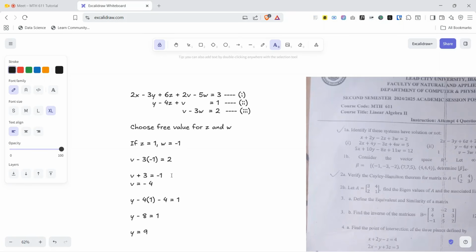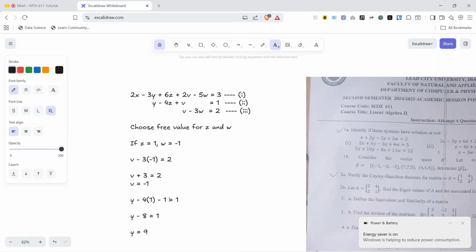V minus 3 equals to 2, not minus 1. When you bring 3 to the other side, that would be minus 3, so that would be 2 minus 3, which is minus 1, not minus 4. Okay, so this would be minus 4, minus 1, right?